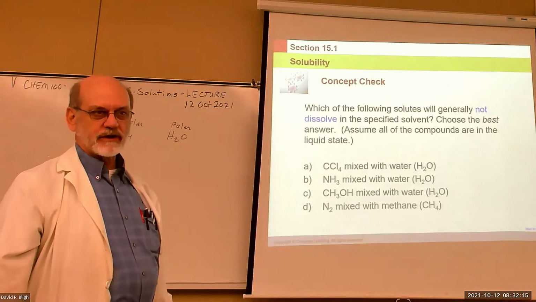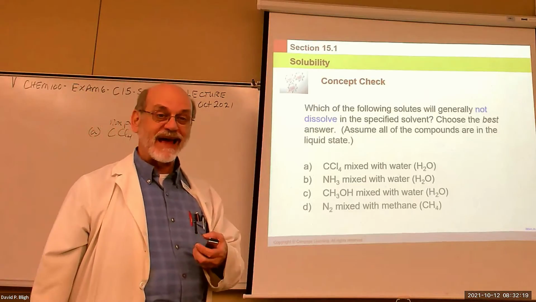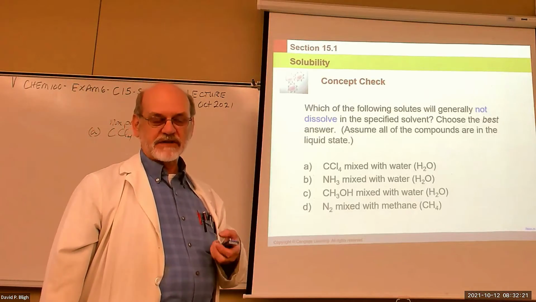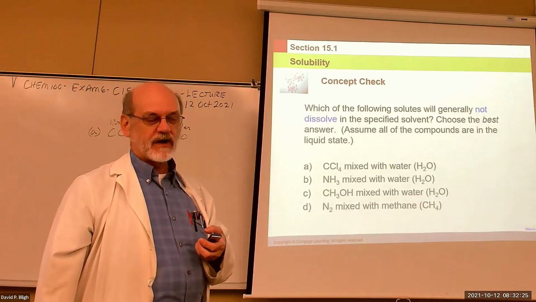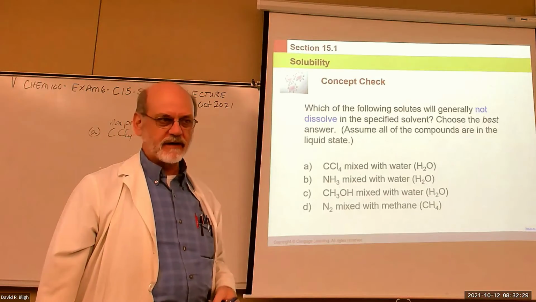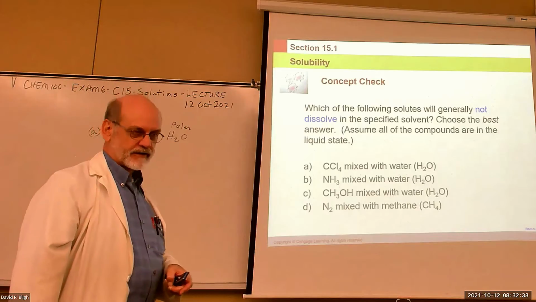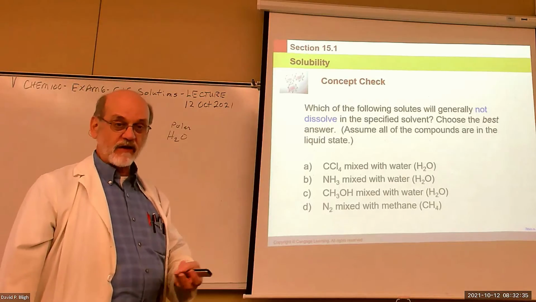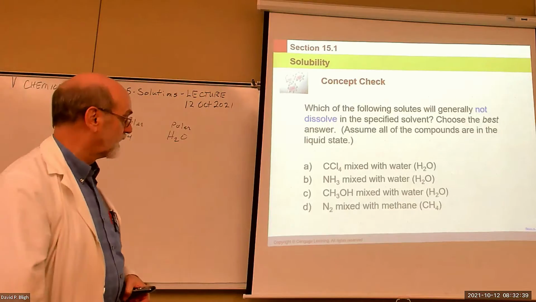But OSHA, the Occupational Safety and Health Administration, and the EPA decided that we're going to have to do away with that one because the dry cleaning workers were becoming sick, and they traced the problem to carbon tetrachloride. So they had to find a different solvent, and a more expensive one, as it turns out.